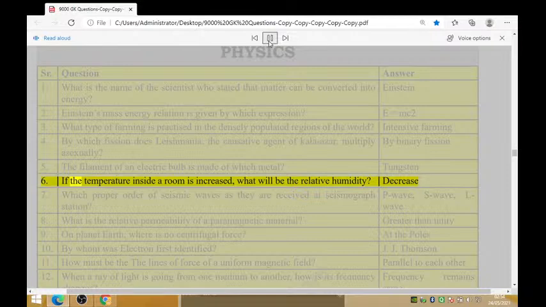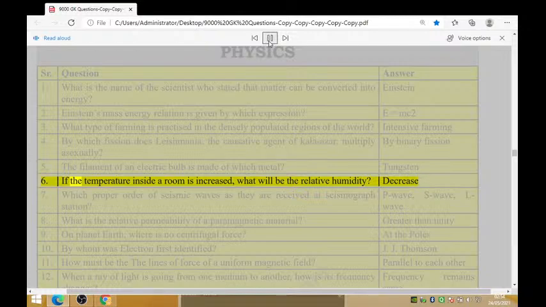6. If the temperature inside a room is increased, what will happen to the relative humidity? Decrease. 7. In which proper order are seismic waves received at a seismograph station? P wave, S wave, L wave. 8. What is the relative permeability of a paramagnetic material? Greater than unity. 9.